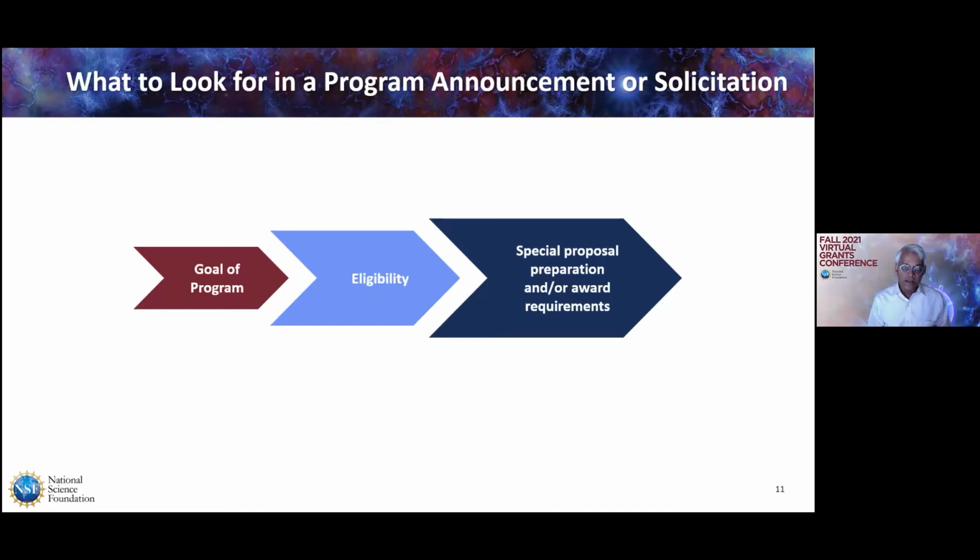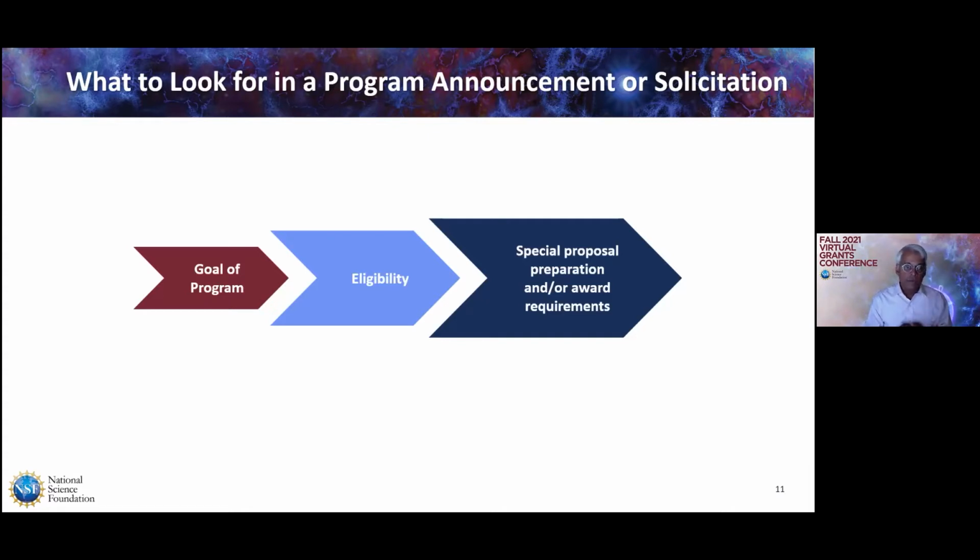Solicitations are never too old, if you will. They're constantly refreshed to make sure that the solicitations remain relevant and pertinent to the field as the field itself is moving. The primary things that you see in a program solicitation are: what is the goal of the program? What kinds of research does the program want to support?